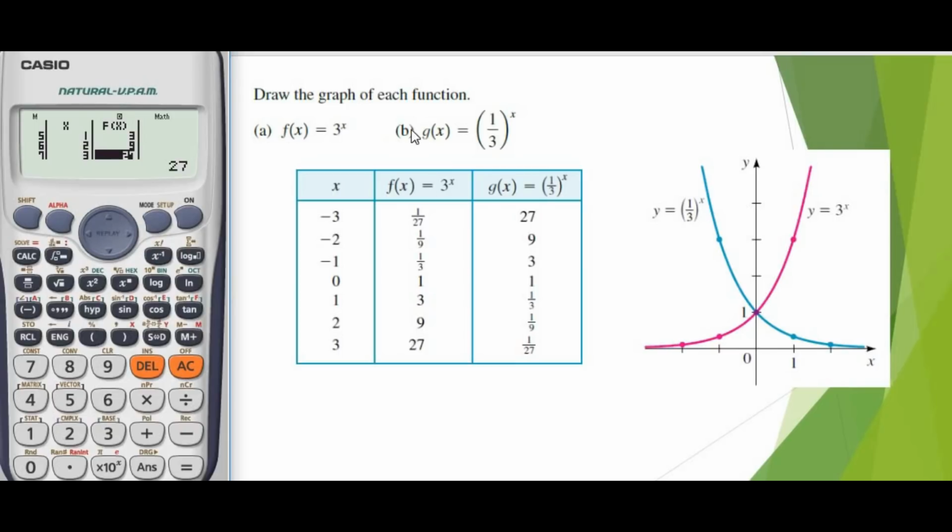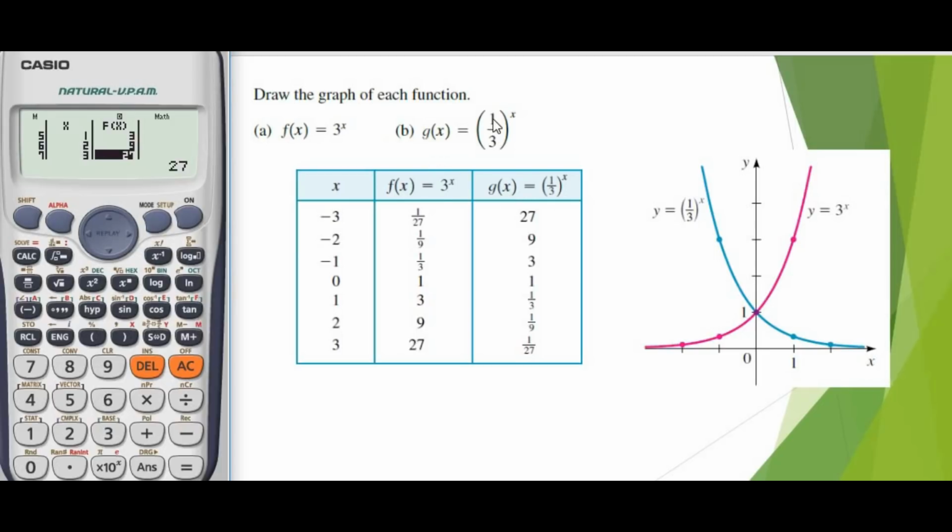So we have easily determined the values of f of x for the function 3 to the power of x. So you can now easily plot your function. For y equals 3 to the power x, this is the corresponding graph.